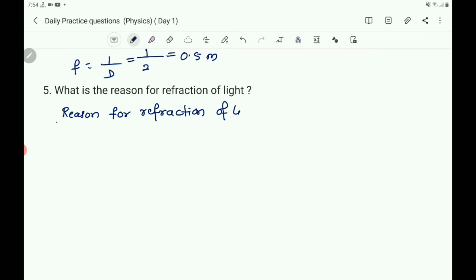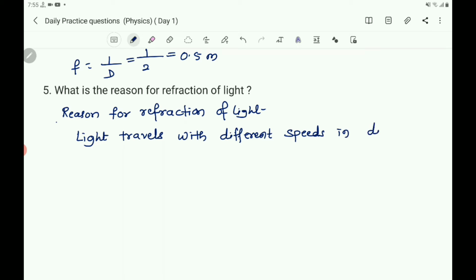Light travels with different speeds in different media.